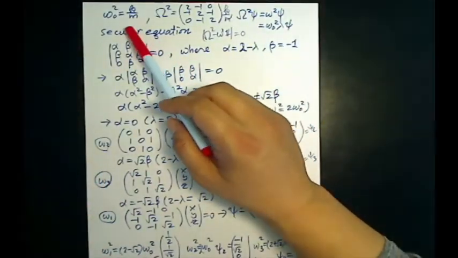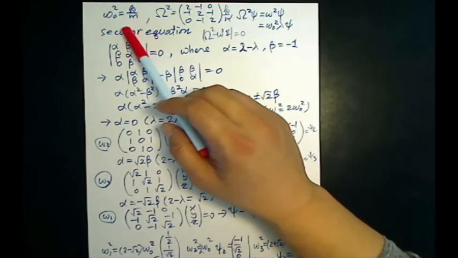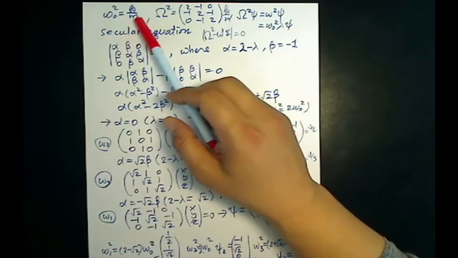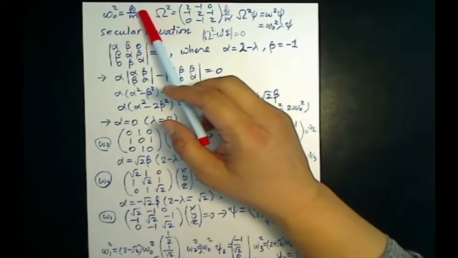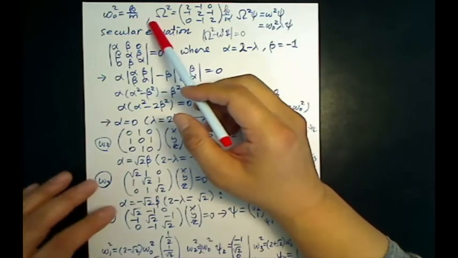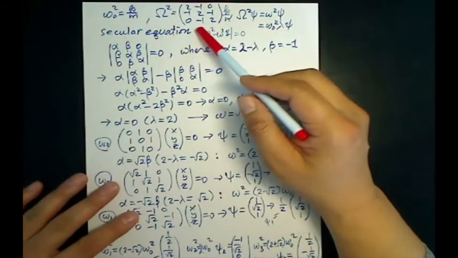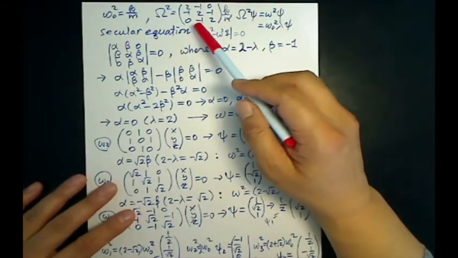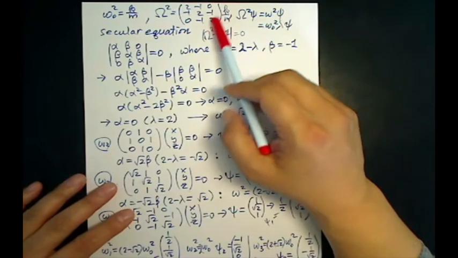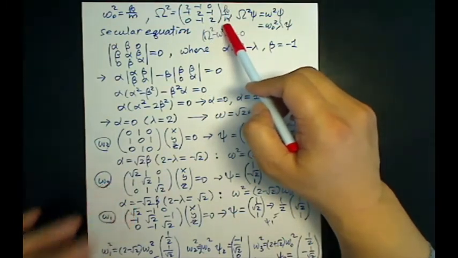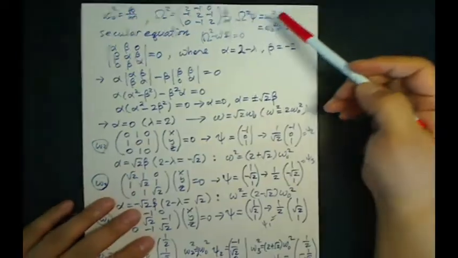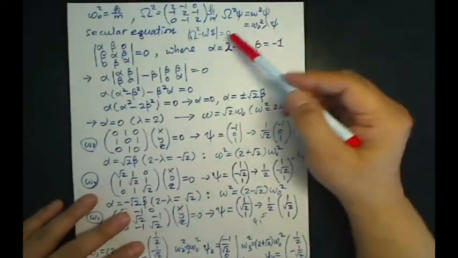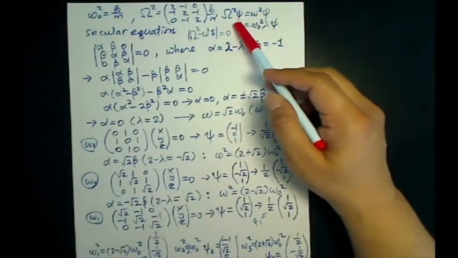We first define omega 0 squared for simplicity. That is the natural frequency for the single mass and that single spring. Omega squared is now defined by the potential energy matrix divided by mass m, because the mass matrix is just m times identity. Now we introduce the eigenvalue problem.